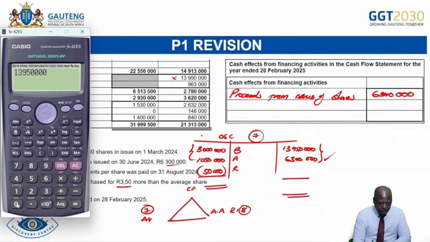We are adding that. Then we're adding the 6.3 million. We end up with 20,250,000. Then we divide that by the 4,050,000 shares. And that will give us 5 rand.